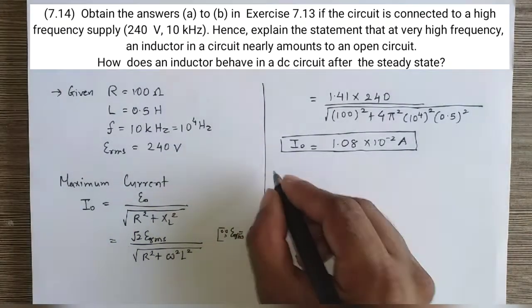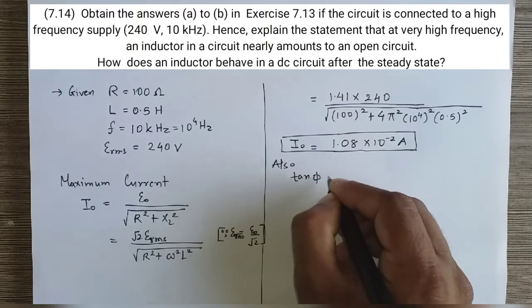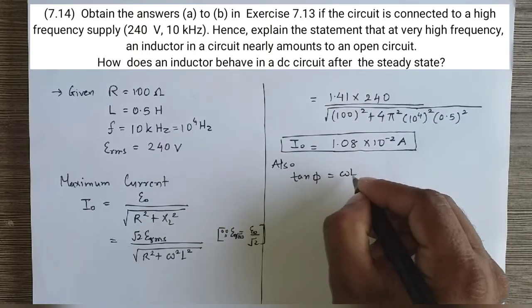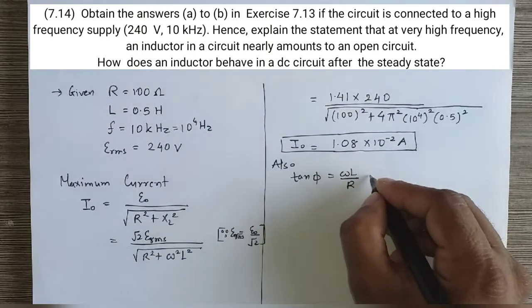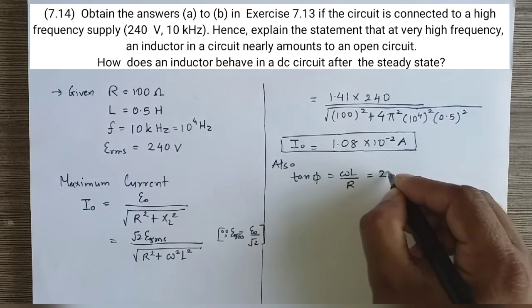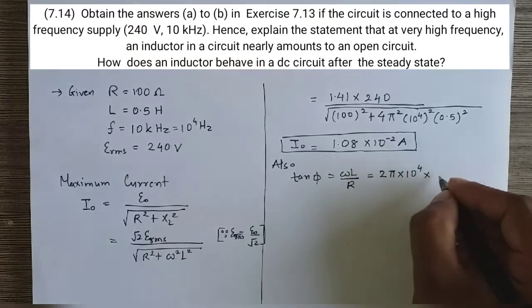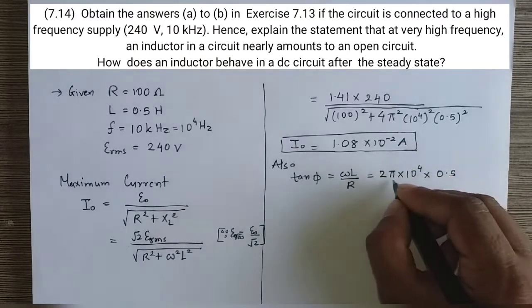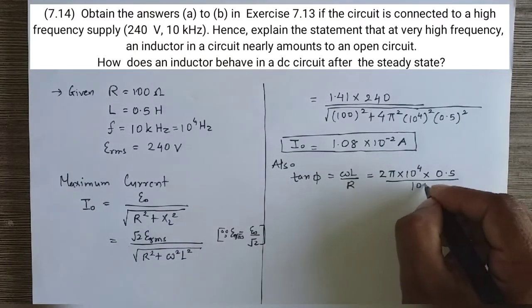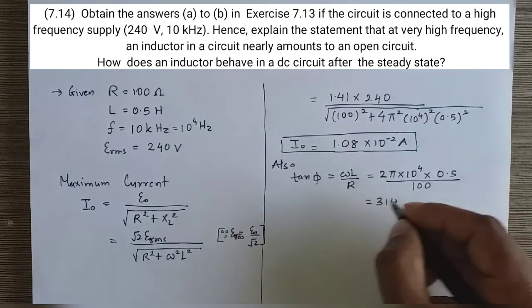Okay, now we also find the phase angle, tan phi. Tan phi is equal to omega L by R. Putting values, omega is twice pi f, so it is 2 pi, f is 10 raised to 4, into L, which is 0.5, upon R, which is 100. So this is 314, clear?